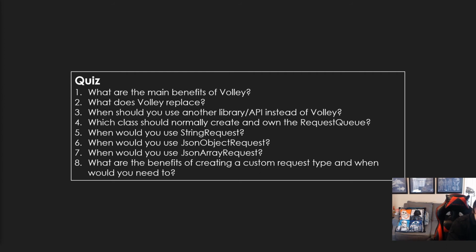What was the next one? What class do we create the request queue in? I think most people got this right. You're typically going to create the request queue strictly in the application class, and then everywhere else will use that request queue that was created in the application. It's not your only option, but that is usually what you want to do.